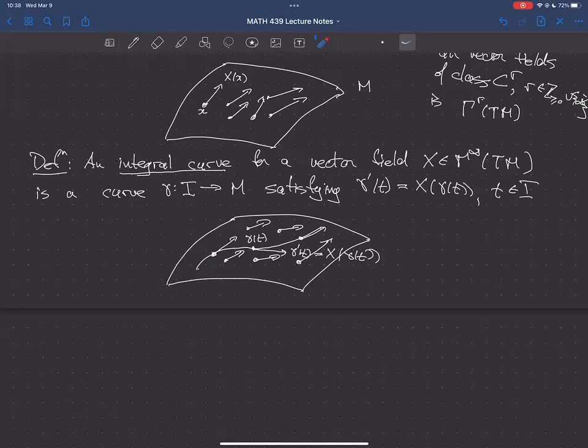Second, it's not obvious that if you pass through X with the right tangent vector, that uniquely prescribes the curve gamma. So there may be some other curve gamma which passes through there with the same tangent vector. And so there's an existence and uniqueness question associated to the notion of an integral curve.